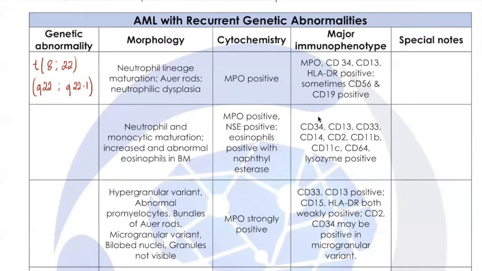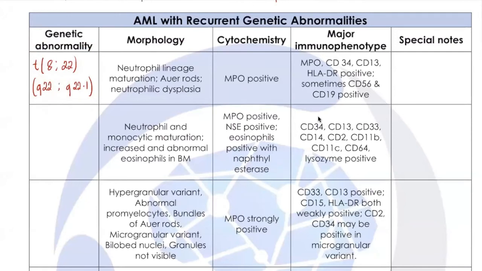So Q22 means long arm, region 2, band 2. Q22.1 is long arm, region 2, band 2, sub-band 1. But most likely ito lang yung itatanong nila, yung chromosomes involved.